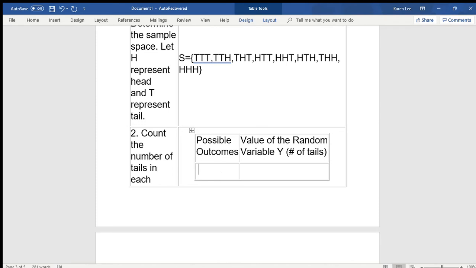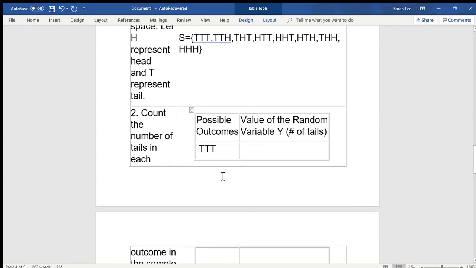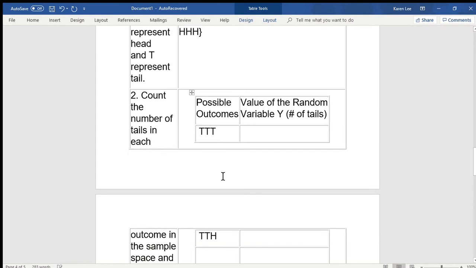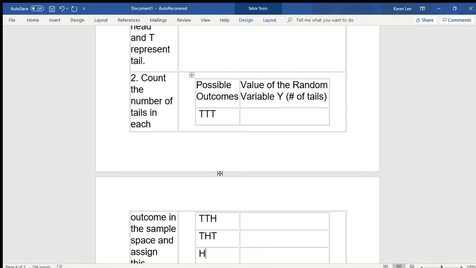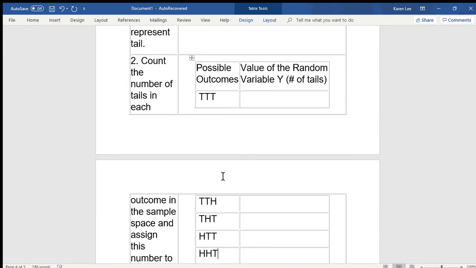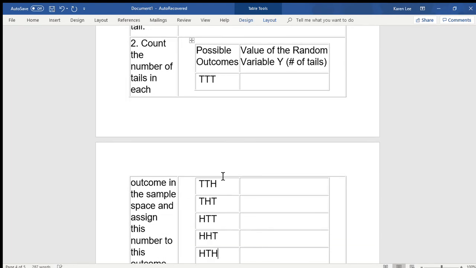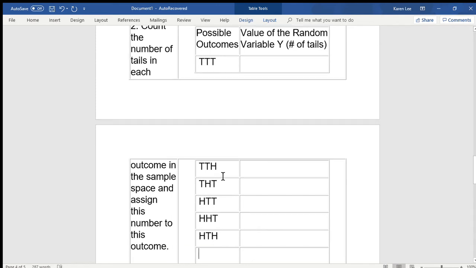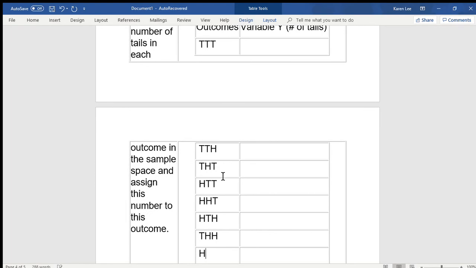So again, tail, tail, tail; tail, tail, head; tail, head, tail; head, tail, tail; head, head, tail; head, tail, head; tail, head, head; and head, head, head.